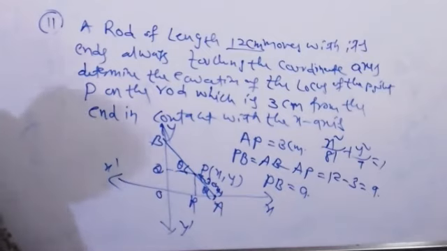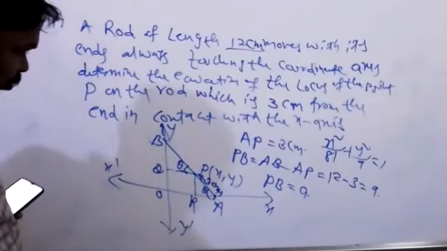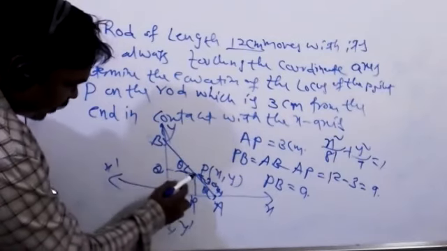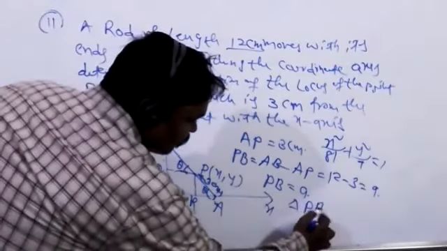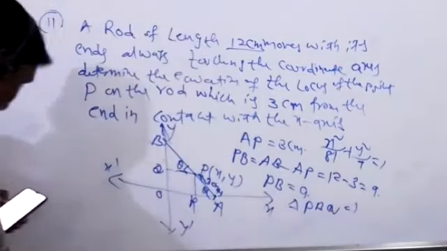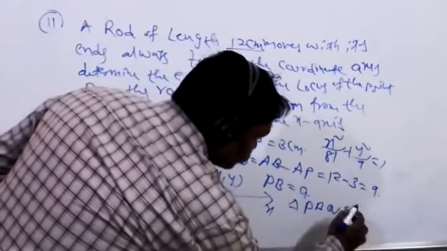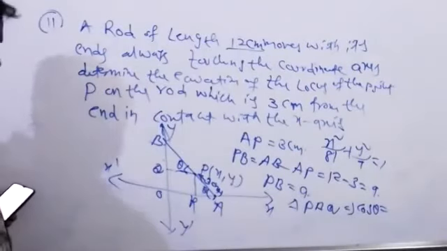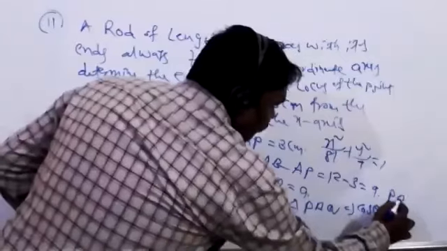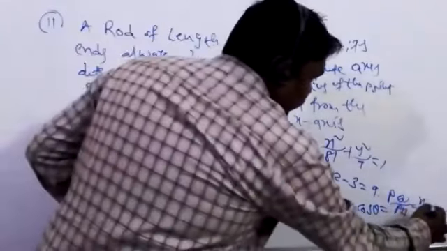Then here find triangle PBQ. In triangle PBQ, cos theta is equal to PQ by PB, which is x by 9.